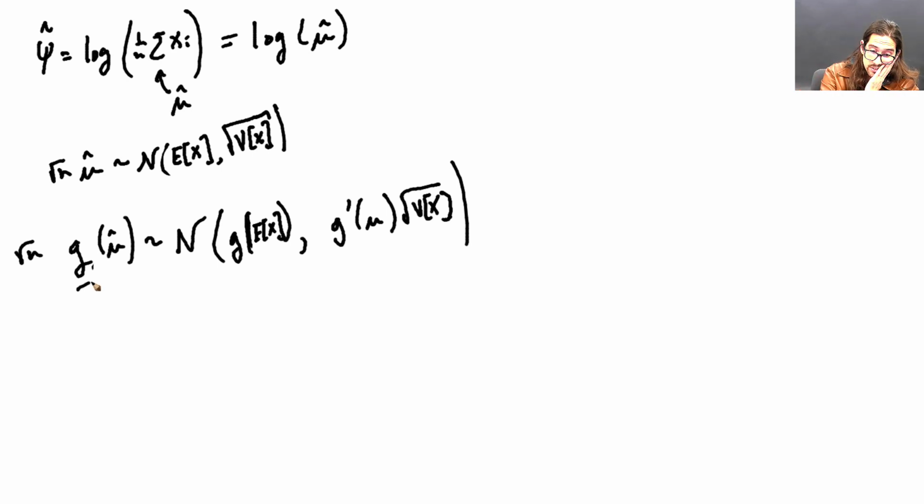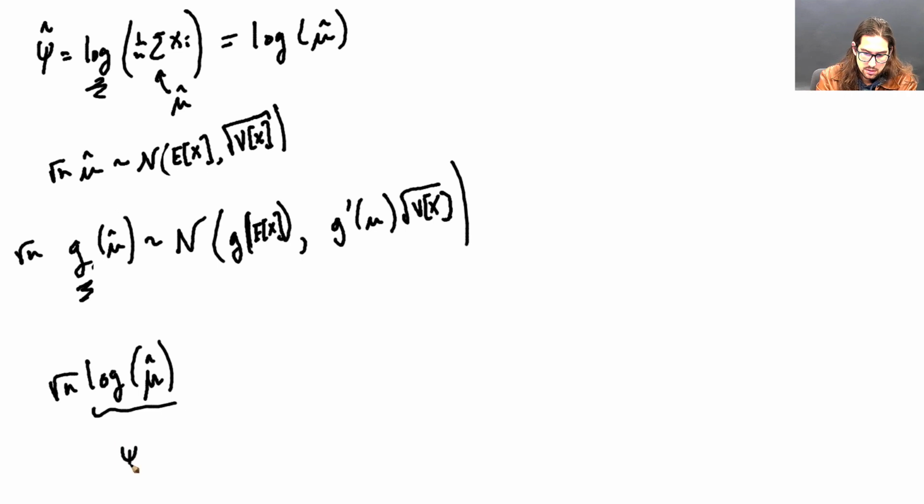So in this case, this g function is log. That's it. So that tells us that this thing, root n of log of mu hat, which is our psi hat, our estimate, is going to have a distribution that is normal, where here g is log of whatever the mean of x is.